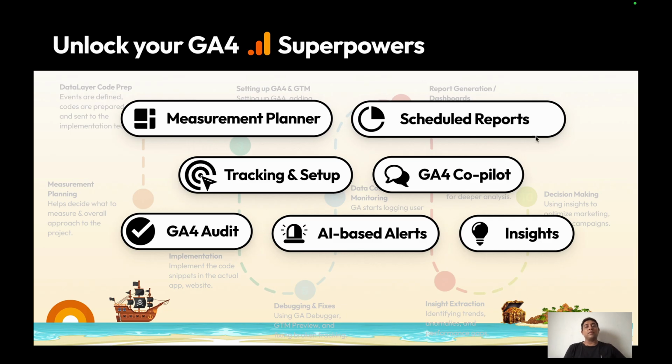And then there are scheduled reports, so you can export all your data points into the other tools where you actually work, like Figma, Slack, WhatsApp, email, or Excel or Google Sheets. As an end user of data, if you don't know how to work with GA4, you can also use Google Analytics Copilot, which makes your life easier.